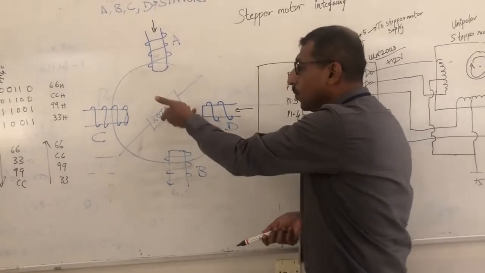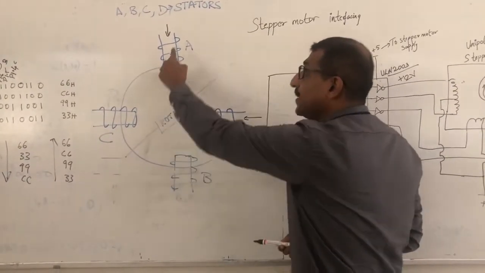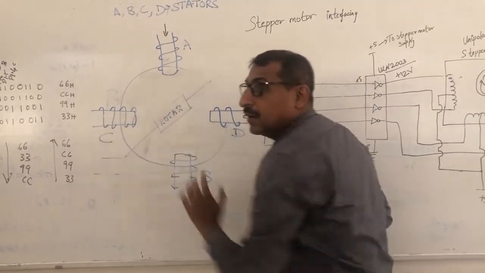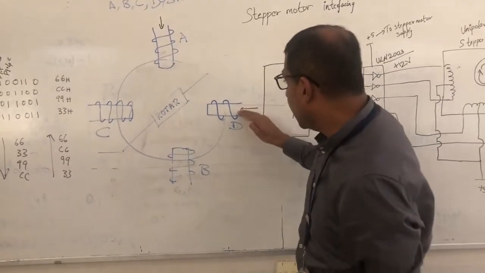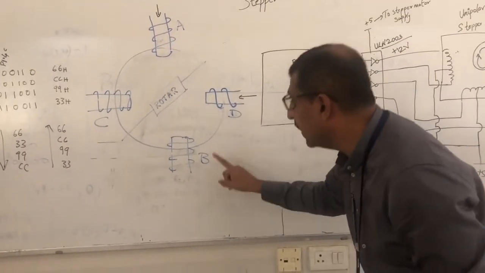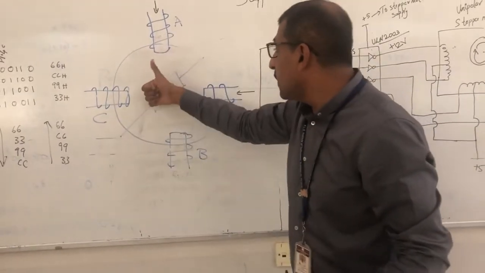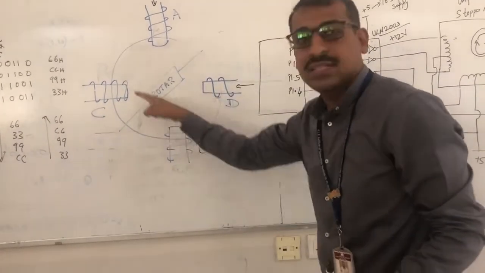Like this, you will make the permanent magnet rotor rotate under the influence of the stators. If you are energizing AD, then DB, then BC, then CA, you are making the rotor rotate in clockwise direction.